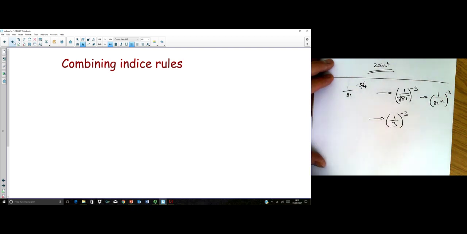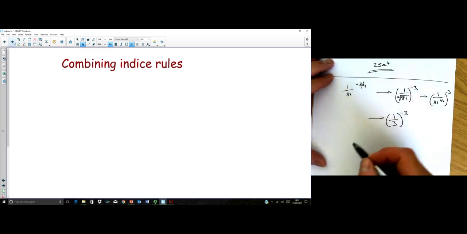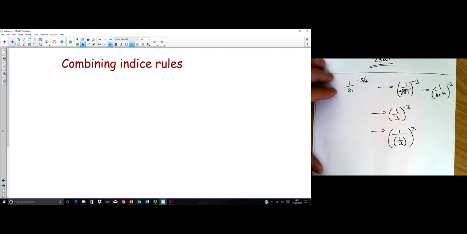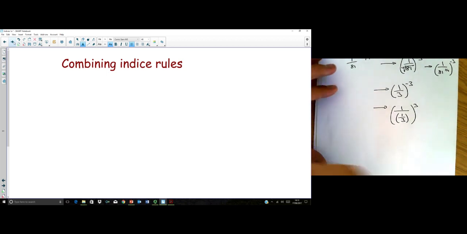So, okay, well, let's get rid of that minus then. Let's do another step. Let's get rid of the minus. Well, we know minus is 1 over, so this is the same as 1 over 1 over 3 to the 3. And 1 over a power, remember to flip and times, or however you learnt your fractions.